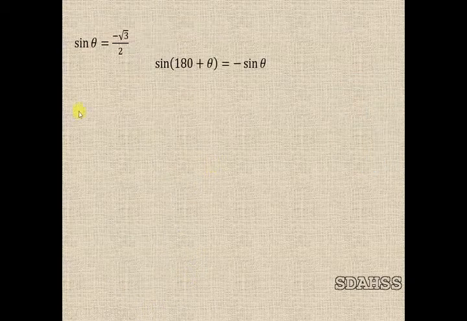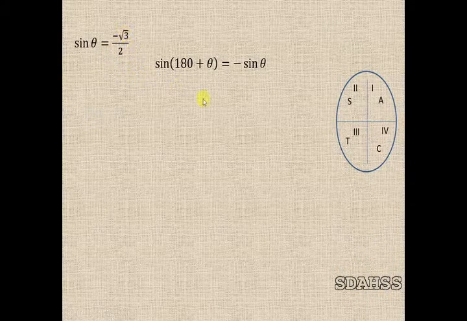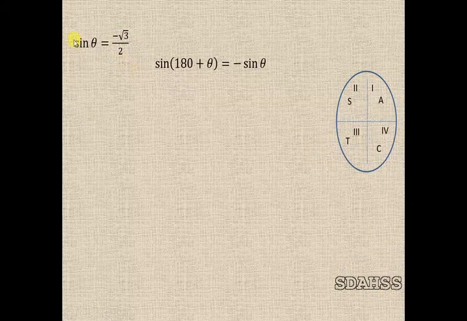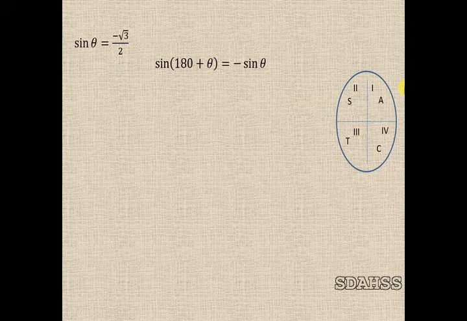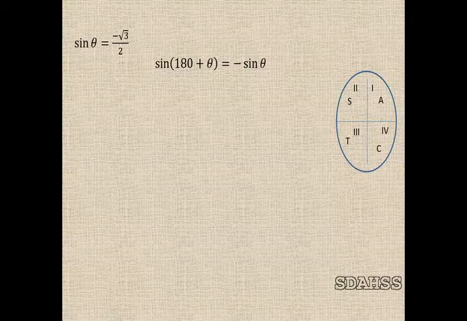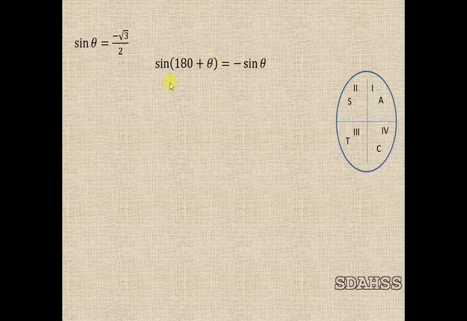Now consider the negative value. Sin theta is equal to minus root 3 by 2. Now that negative sin theta lies in third and fourth quadrant. So we want to find another two values.